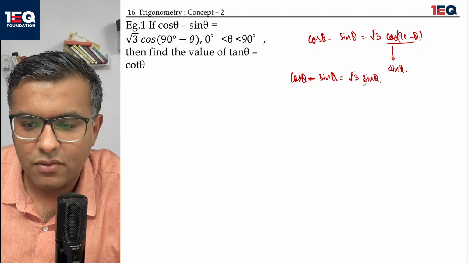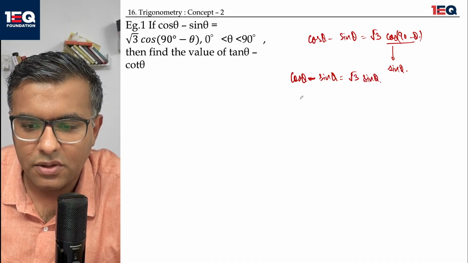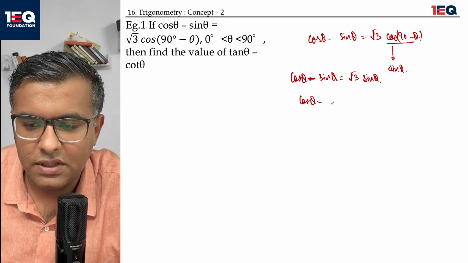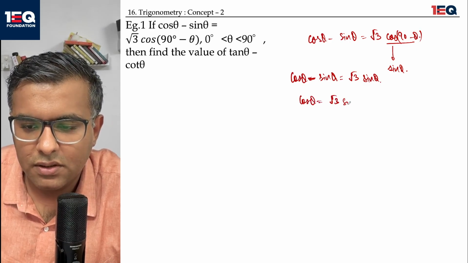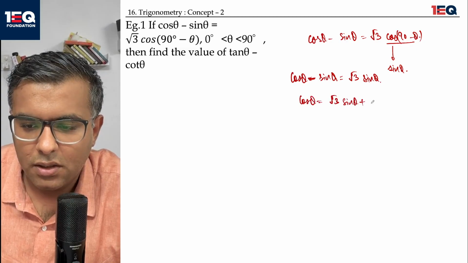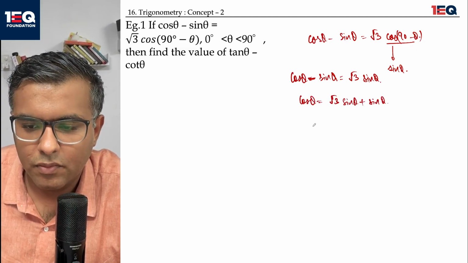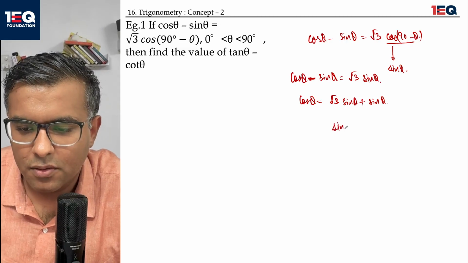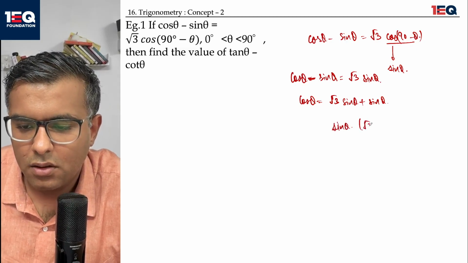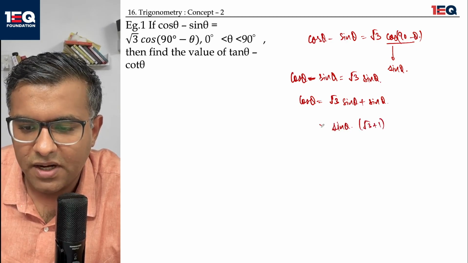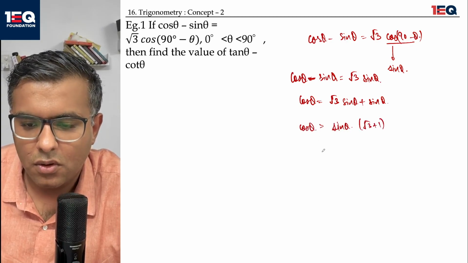So I'll bring this sine theta to the other side and write that cos theta is equal to root 3 sine theta plus sine theta. I'll take sine theta common and get root 3 plus 1 multiplied by sine theta being equal to cos theta.